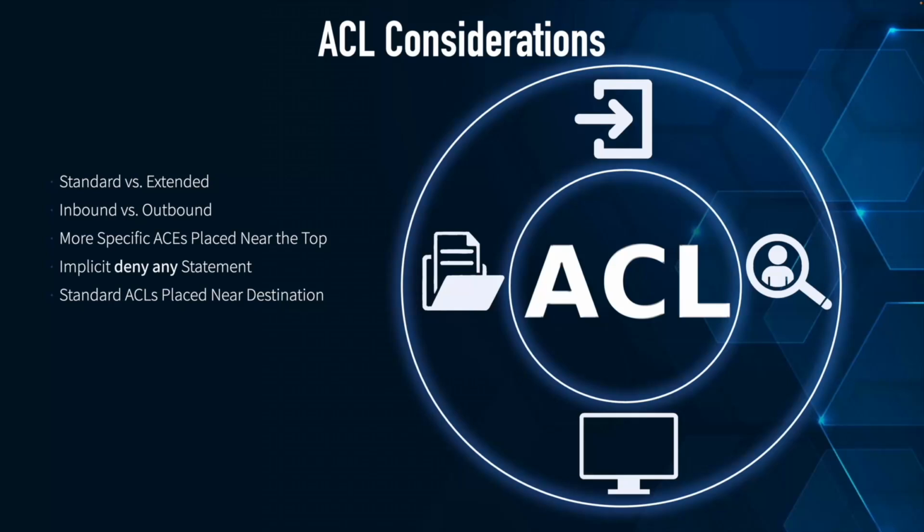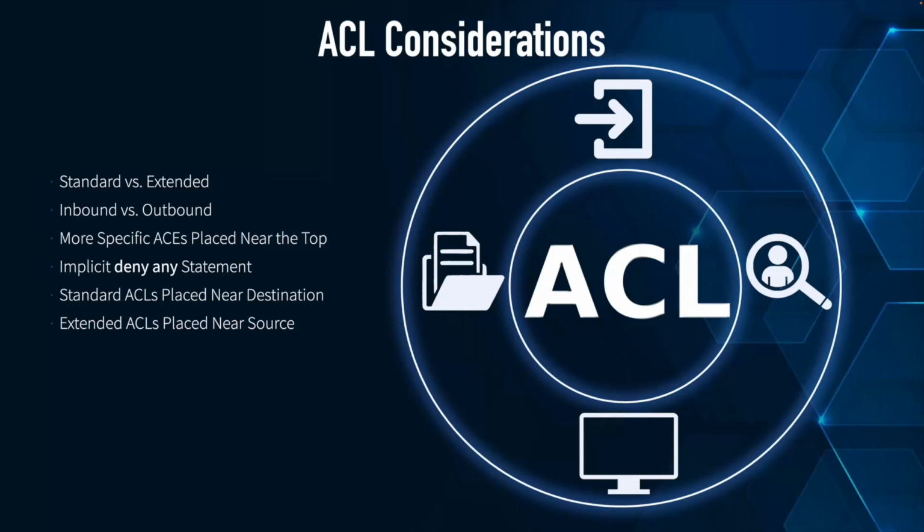So to better prevent that premature discard of traffic, let's put those standard ACLs as close to the destination as possible. Conversely, let's place extended ACLs as close to the source as possible. And here the logic is, since I don't have to be concerned about prematurely dropping traffic, if I am going to drop a packet, let's drop it early on so we're not consuming network resources as that packet travels across the network only to be eventually dropped.